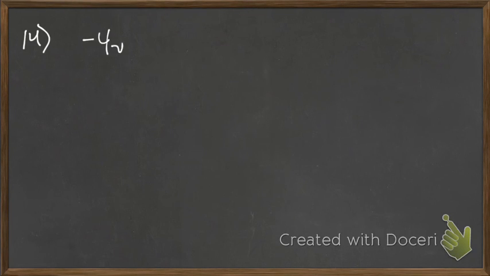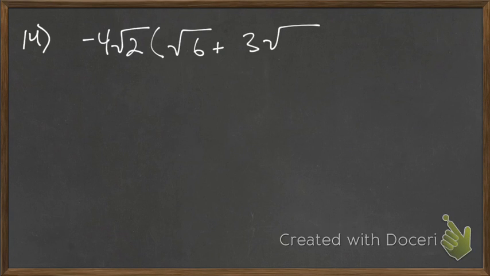So I got negative 4 square roots of 2, and I'm going to multiply that by square root of 6 plus 3 square roots of 14. Order of operations says do grouping first, right? But there's nothing I can do with that. So if I can't do what's in the parentheses first, what's my other option? I can distribute, right? So I'm going to multiply both these things individually by negative 4 square roots of 2.